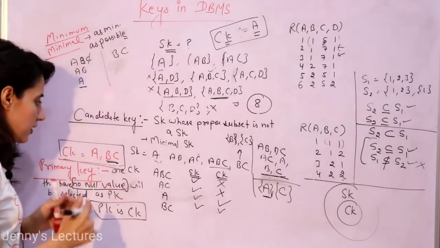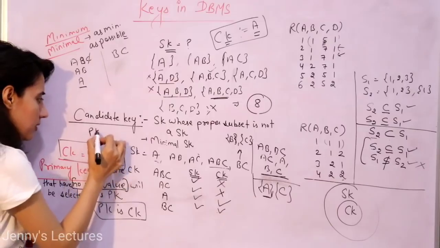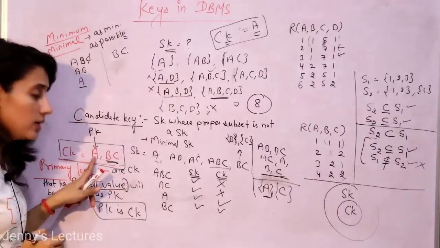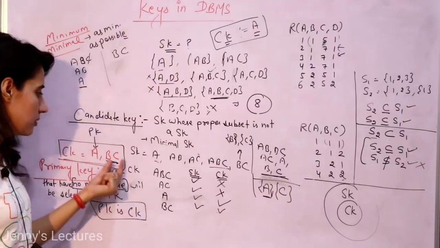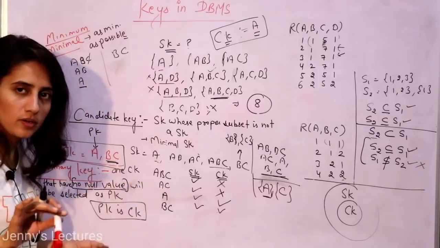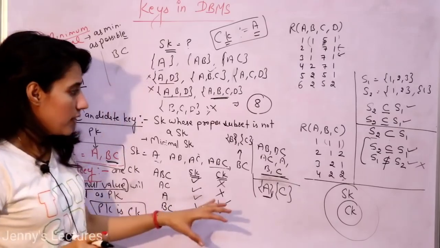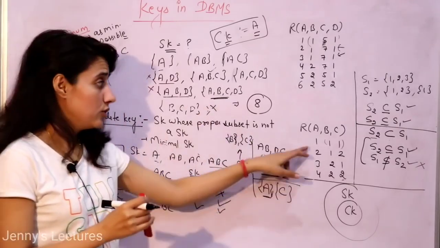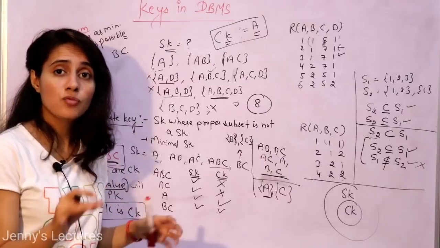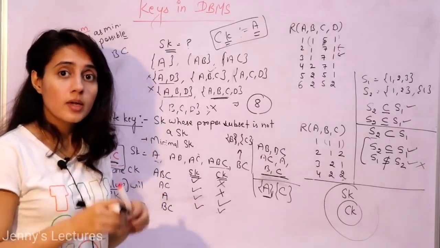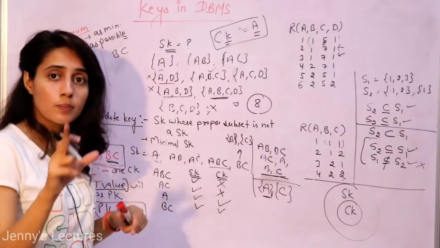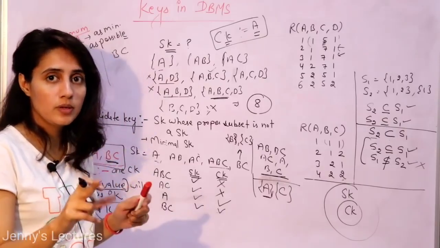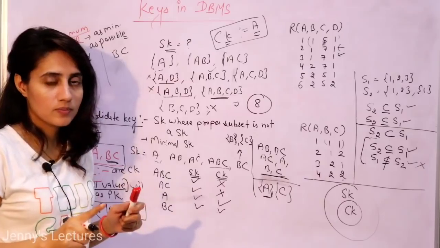So now here, if I consider A as a primary key, then A is the primary key and the alternate key is BC only, fine. So now here you can say every relation can have more than one super key as well as more than one candidate key, but primary key must be only one, right?